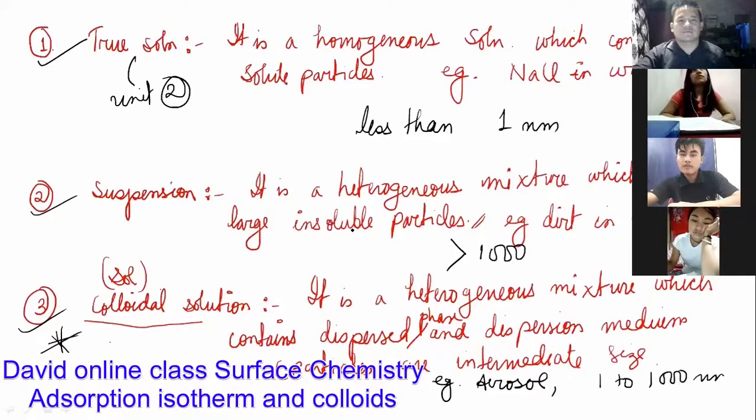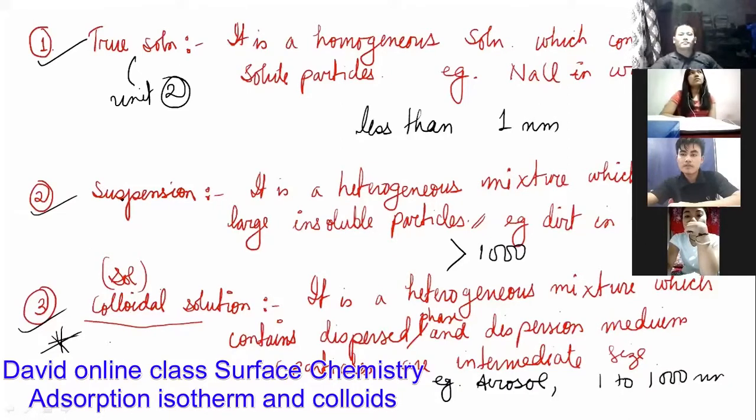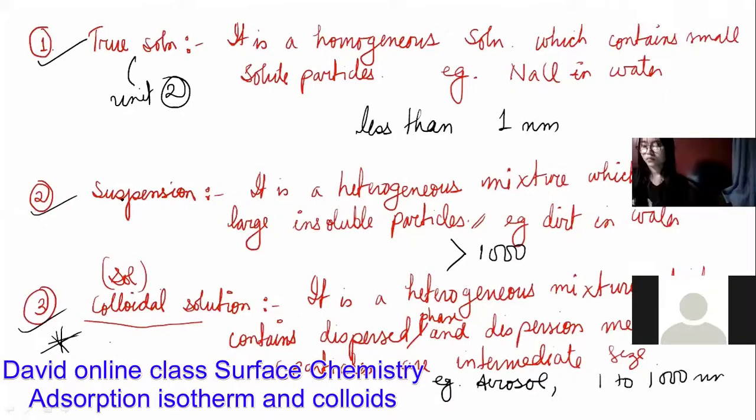Colloidal has particle size from 1 nanometer to 1000 nanometer. Suspension has particle size greater than 1000. True solution is a transparent solution, for example sodium chloride, with size less than 1 nanometer.